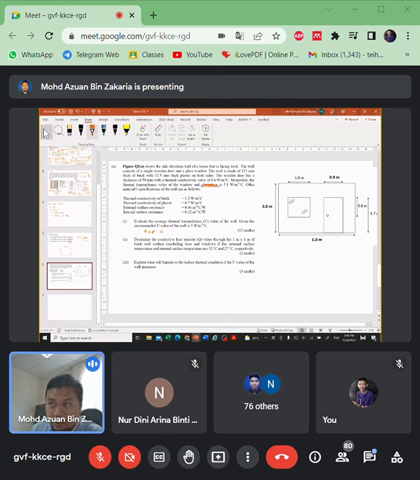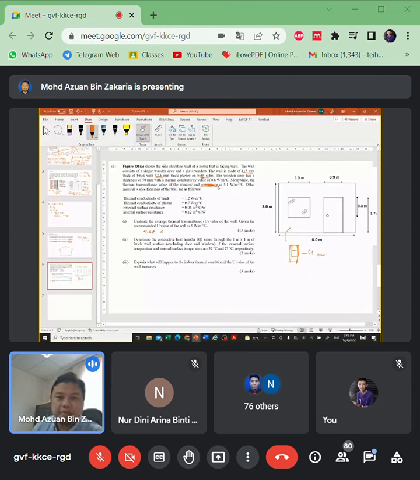As informed in the question, the wall is made of 115 millimeter thick brick with 12.5 millimeter thick plaster on both sides. So the brick wall itself has 3 layers. So we have to find the U value for the brick wall.